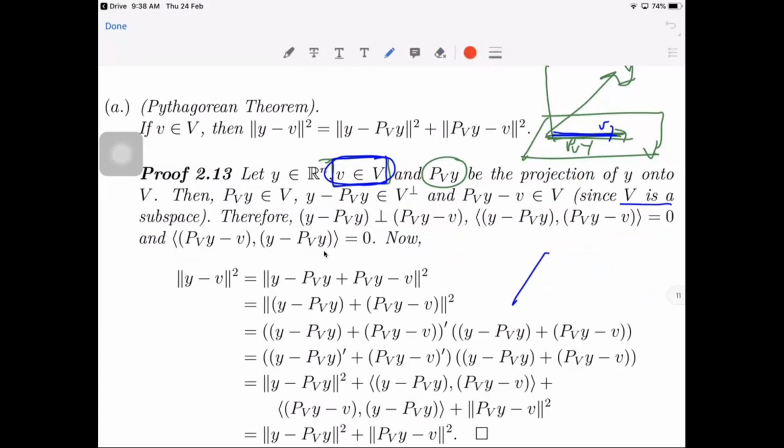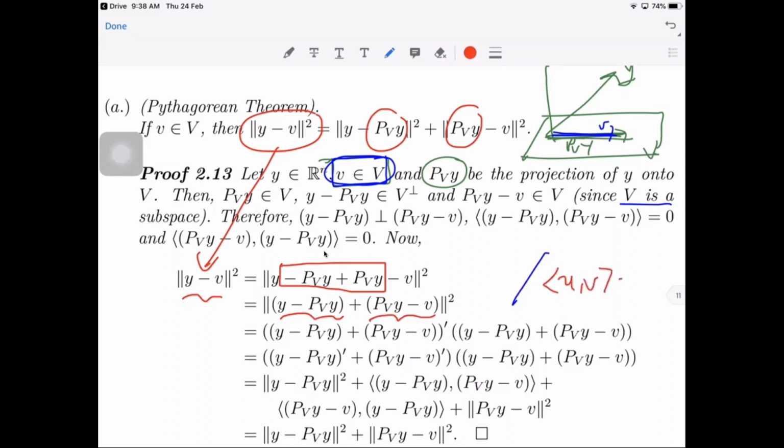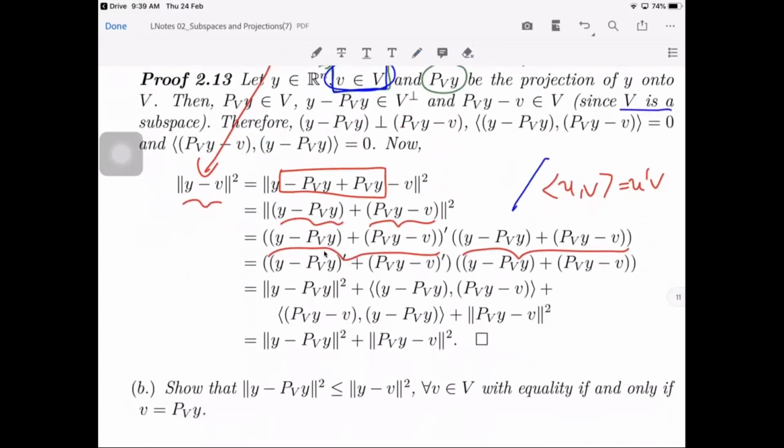Next, we want this, so we write that. Okay, so we just add and subtract this term. Add and subtract groupings. Inner product UV is equal to U prime V. So this is your U prime, this is your V. And then application of primes.